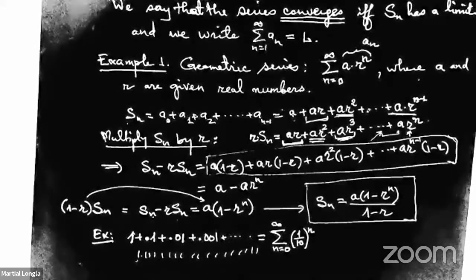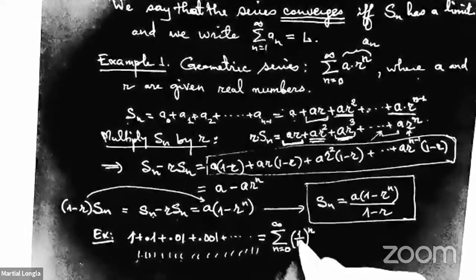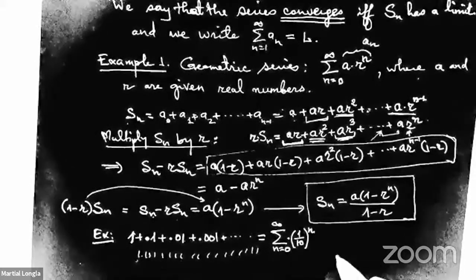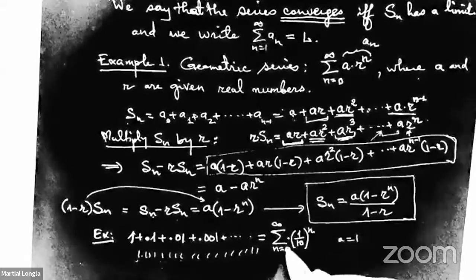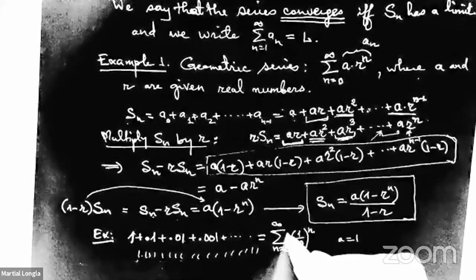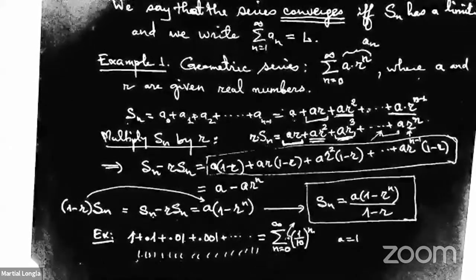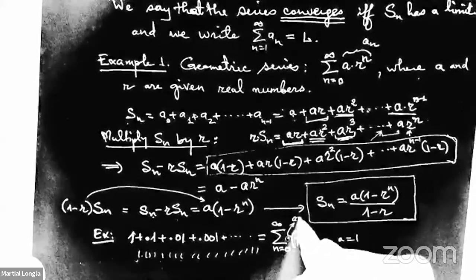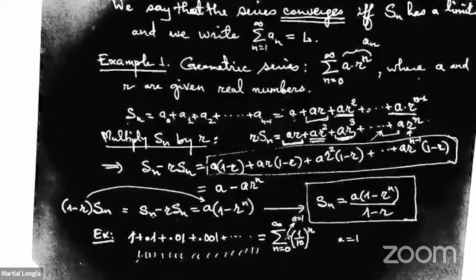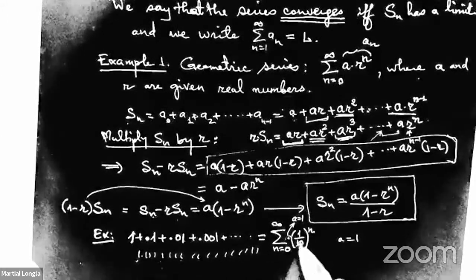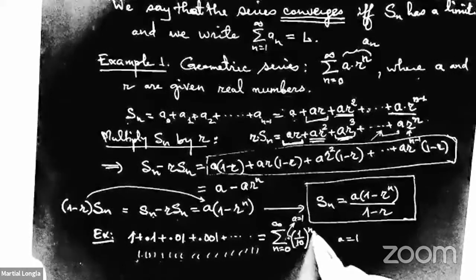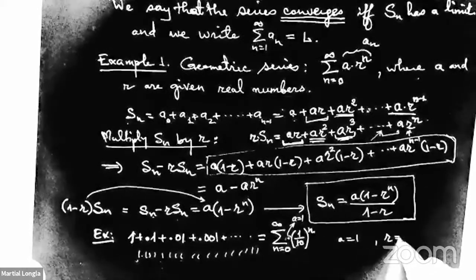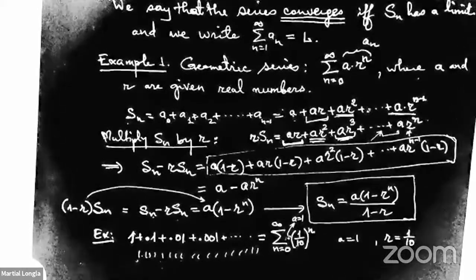And we want to figure out how we can cut this thing, get the sum of just the first n terms. So here, a is 1 because the number in front of r to the power n is a. That's a equal 1. r is the number that is raised to the power n, so that is 1/10.